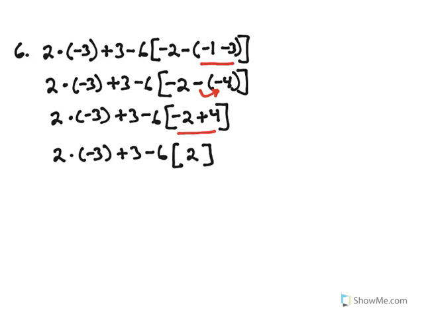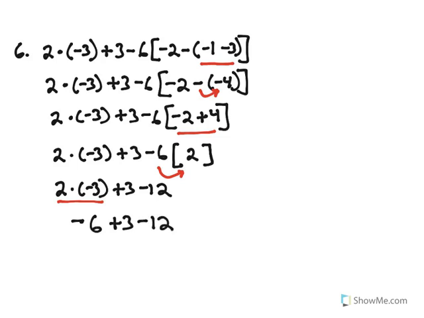And then now in order to get rid of the brackets, we need to distribute that 6 over the 2, over the brackets, okay? So that's going to leave you with 2 times negative 3 plus 3. Minus 6 times 2 is minus 12. And then we can get rid of these. This reads 2 times negative 3, so that's going to yield negative 6 plus 3 minus 12.